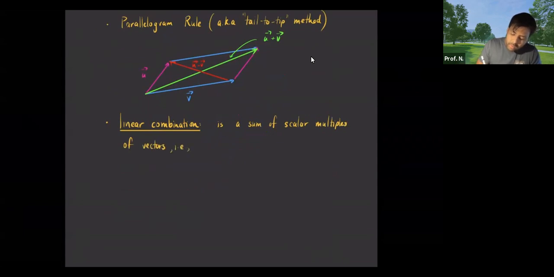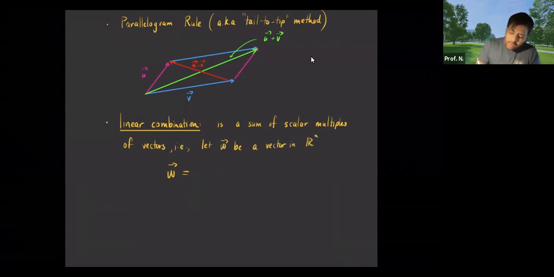In other words, if I have a vector W, let W be a vector in Rn.